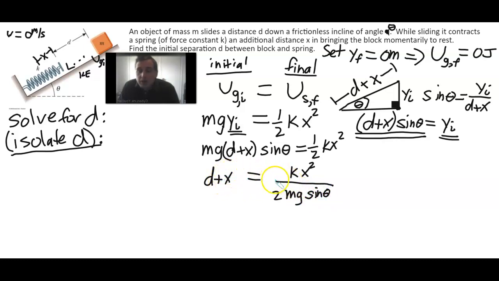Okay, so now finally we want to get d by itself. So we have to subtract x. So then d should equal kx squared over 2mg sine theta minus x.